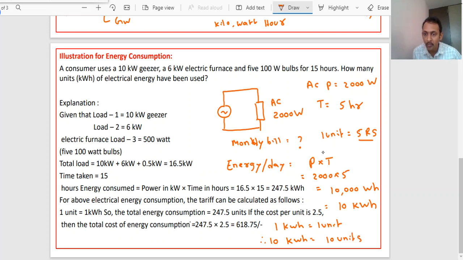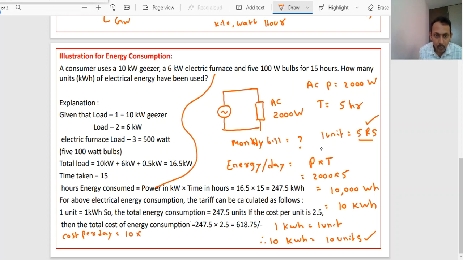Therefore 10 kilowatt hours means it is equal to 10 units of electricity. You are consuming 10 units of electricity every day. That means for each unit, if the price is 5 rupees, cost per day will be 10 units into the price of each unit.